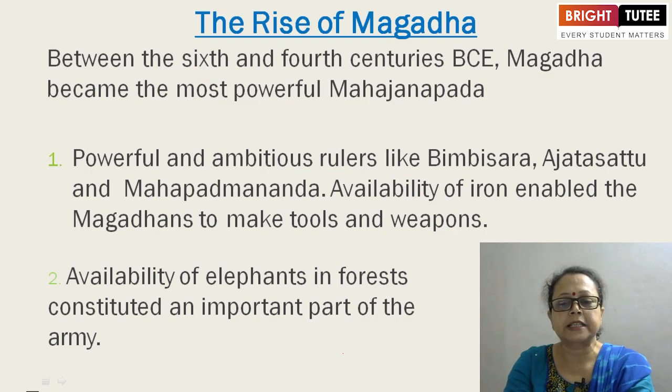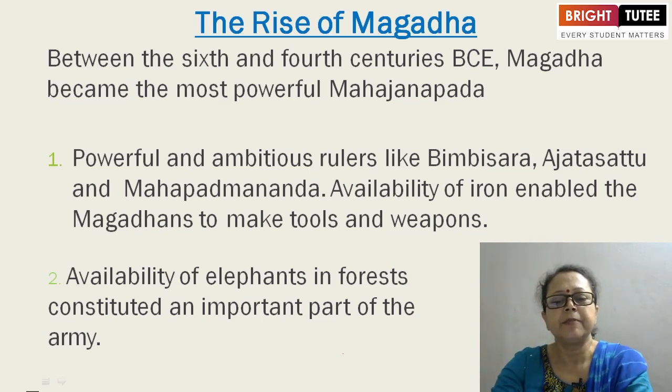Now coming to discuss the rise of Magad. Magad as a state, as one of the most important Mahajanapadas. Already we have discussed that the names of the 16 Mahajanapadas were given there. Every Mahajanapada had its own capital city. They had their own standing army for fortification, security and defense purposes.